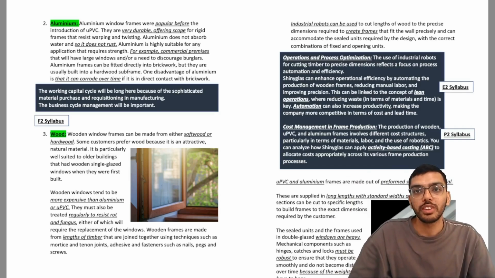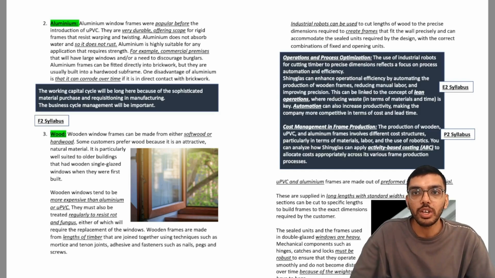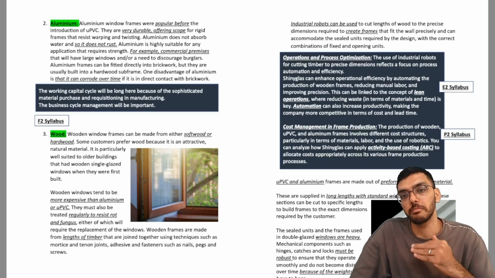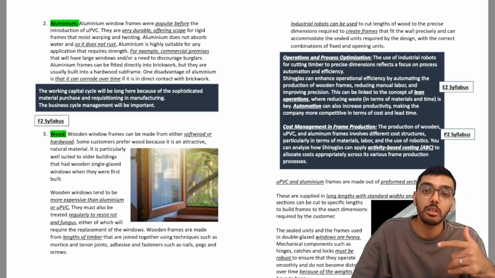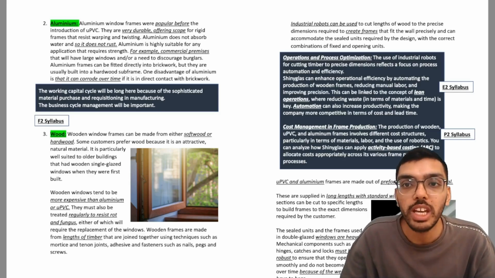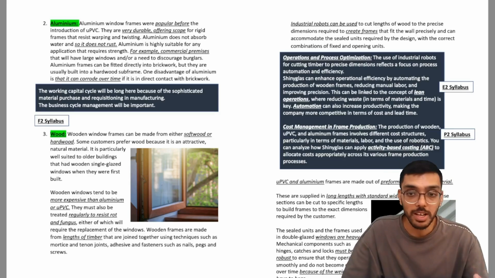Industrial robots can be used to cut lengths of wood to the precise dimensions required to create the frames that fit the wall precisely and can accommodate the sealed units within them. So even in this wood frame manufacturing, there is the possibility of using industrial robots, optimizing your manufacturing process.